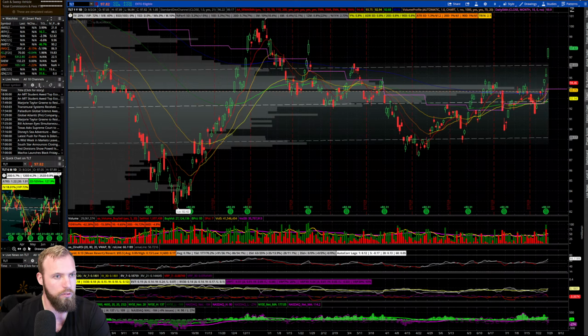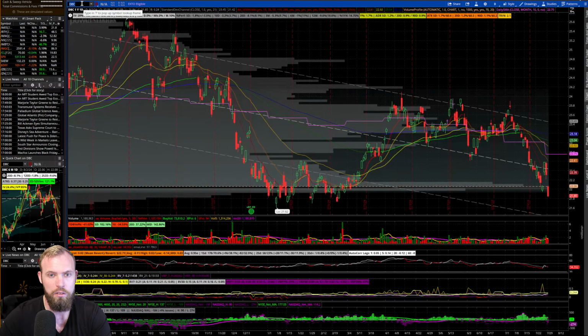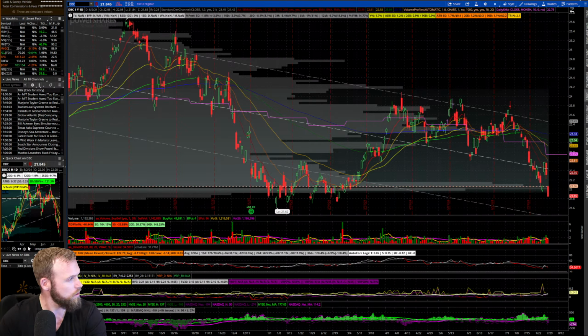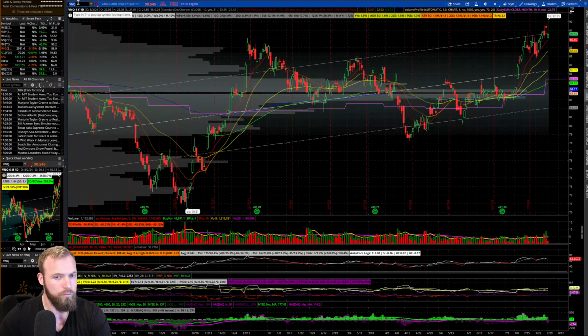Trailing 12 is 0.8. DBC is below, so nothing to do there. Trailing 12 is minus 9.6. VNQ is above. Trailing 12 is 7. So our pick here will obviously be VNQ and SPY.